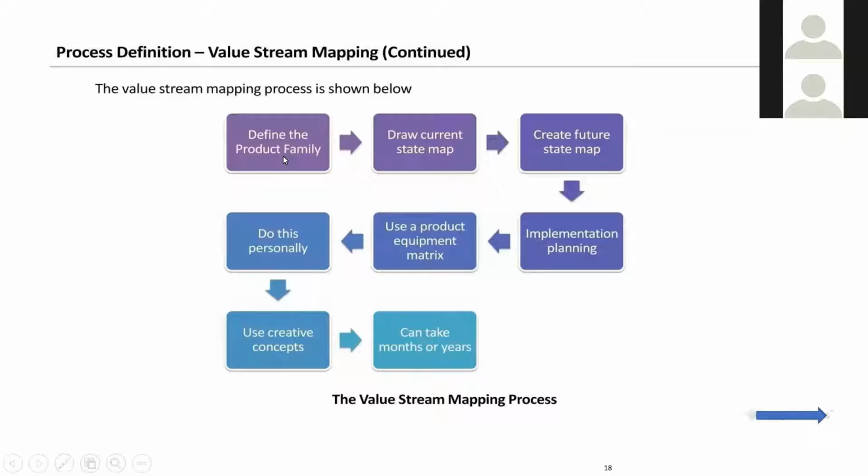So you define the product family. You draw the current state map. Whenever you draw the current state map, you create a future state map. You will then implement your plan. You will also use a product equipment matrix, and try to understand how you do this personally.